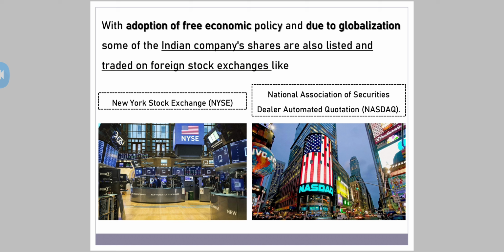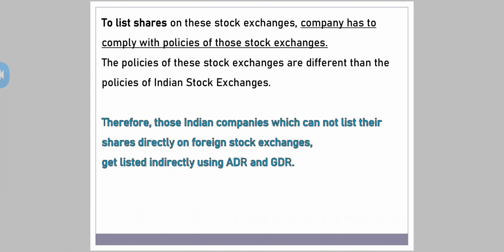Now see how the actual trading takes place. See, to list the share on these stock exchanges, the company has to comply with the policies of those stock exchanges. Now, if you are going to trade or deal in another country, it's very important for you to follow all the rules and regulations of that country.